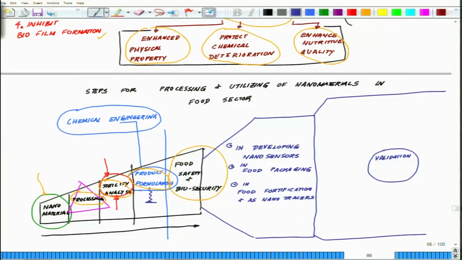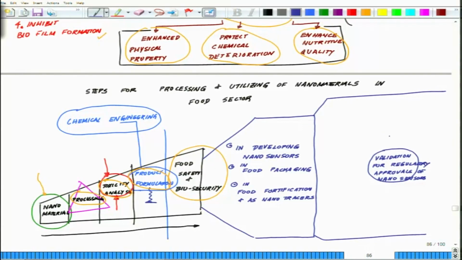Validation for regulatory approval of nanosensors.